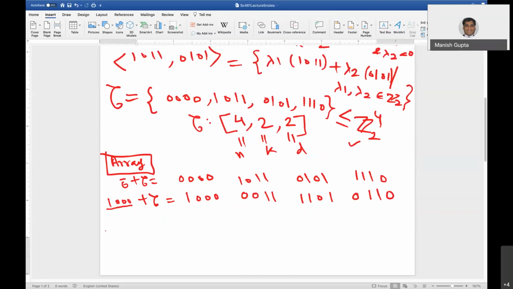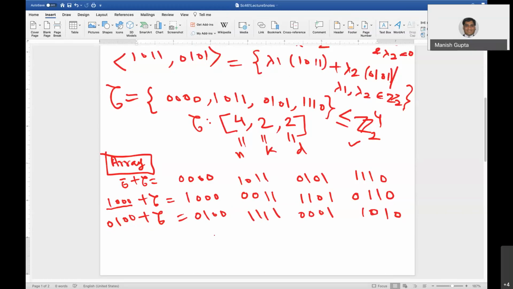Similarly, I take another vector of weight 1, 0 1 0 0 plus C, and see what happens. The first vector will be 0 1 0 0. The second vector will be 1 1 1 1. The third vector will be 0 0 0 1. The fourth vector will be 1 0 1 0.